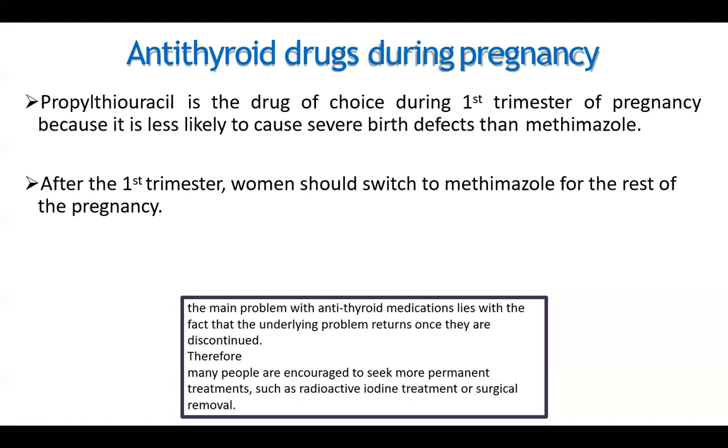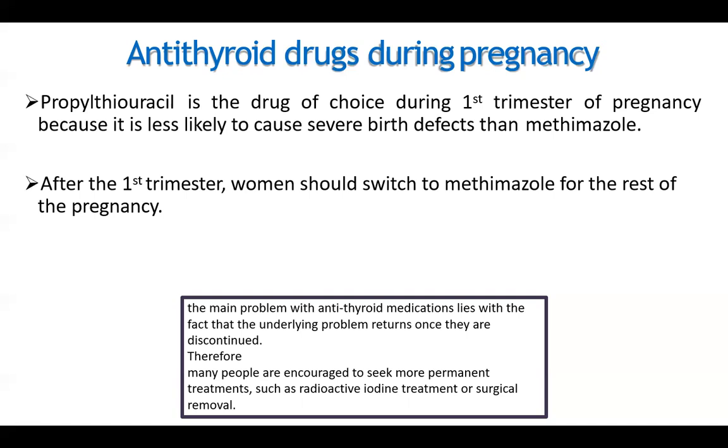It says clearly here, the main problem with anti-thyroid medications lies with the fact that the underlying problem returns once they are discontinued. Therefore, many people are encouraged to seek more permanent treatment, such as radioactive iodine or surgical removal. So this is why we start with the medical treatment, with taking drugs, for a good year, a year and a half.